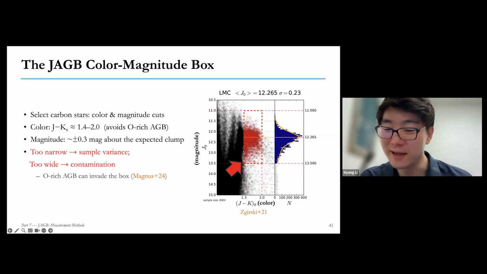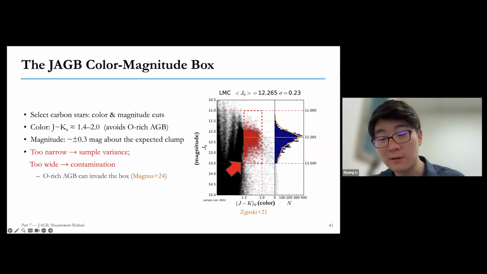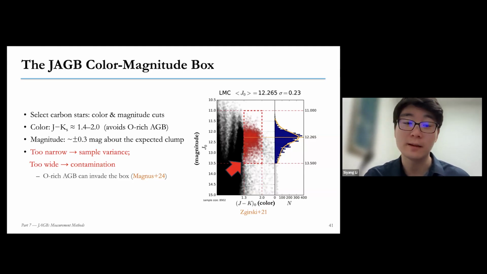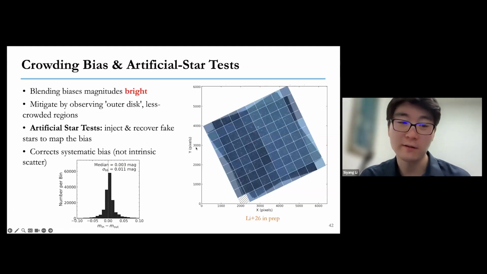If you make this bluer cut a little to the left or to the right, that might include some contamination. Certainly between these boundaries, due to photometric errors, that can also lead to some other stars bleeding in. And so that's something to be aware of.